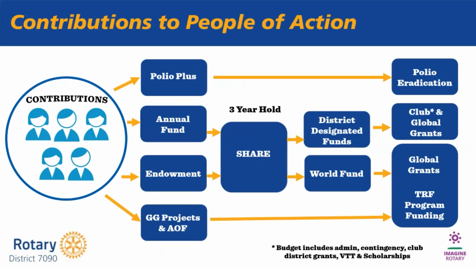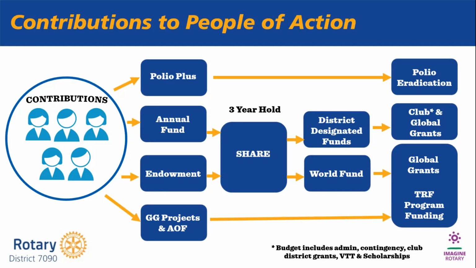Contributions come from Rotarians from all over the district, and can go to a variety of different Rotary programs. We've got Polio Plus, which helps with polio eradication. You can donate to the annual fund share, the endowment share program, or to specific global grants projects or a particular area of focus.